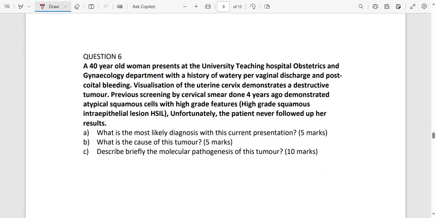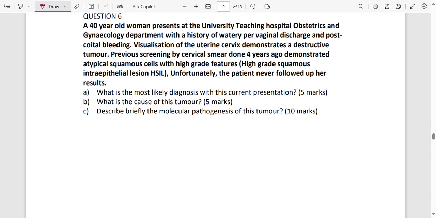Okay. Number 6. A 40-year-old woman presents at the University Teaching Hospital Obstetrics and Gynecology Department with a history of watery vaginal discharge and postcoital bleeding. Visualization of the uterine cervix demonstrates a destructive tumor.